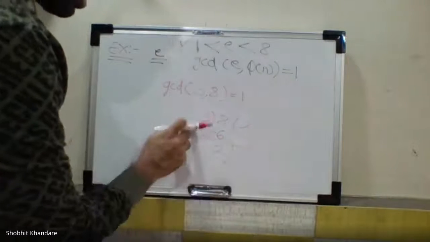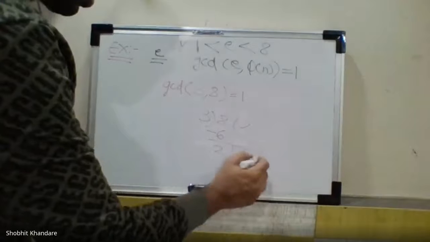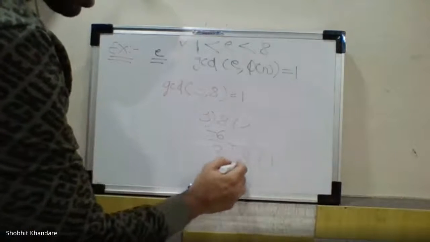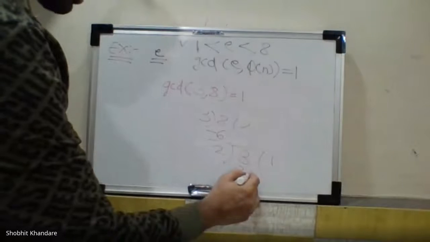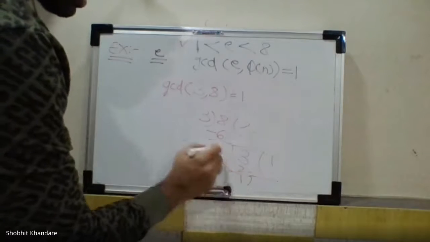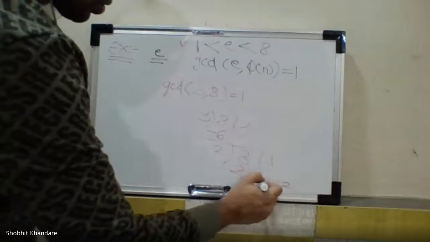Then you take this 3; 2 1s are 2, remainder is 1. And again, 1 2s are 2, and the remainder is 0.